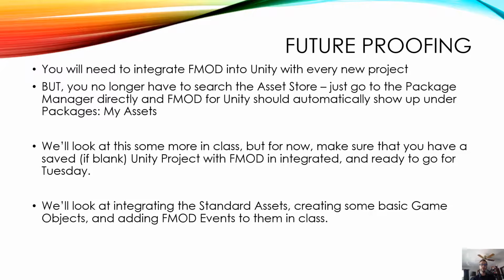We're going to look at integrating the standard assets as well, just creating some basic game objects, nothing fancy. It's going to be like cubes, spheres, and maybe some planes, and that's about it, and having the camera allow you to walk around. But we'll do that in class, and we'll start adding some basic audio to Unity objects.